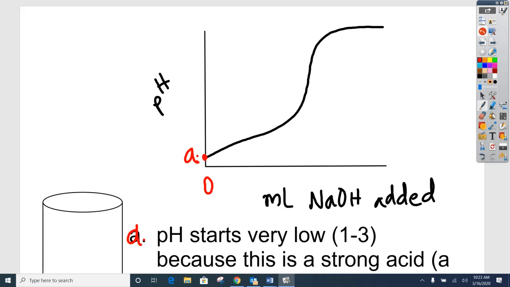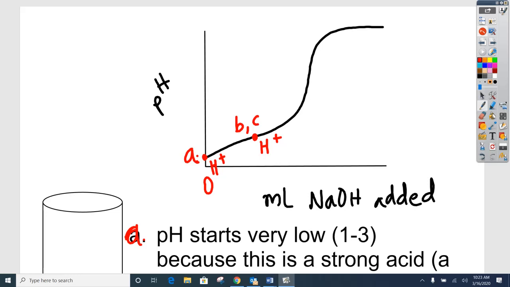Okay, the only thing present in that container is your strong acid, your hydrogen ions. Through this region here, it's B and C from your notes. You add the hydroxide, it bonds to some of the hydrogens, but you still have leftover hydrogen ions. You don't have quite as many, but you still have strong acid, so your pH stays low.